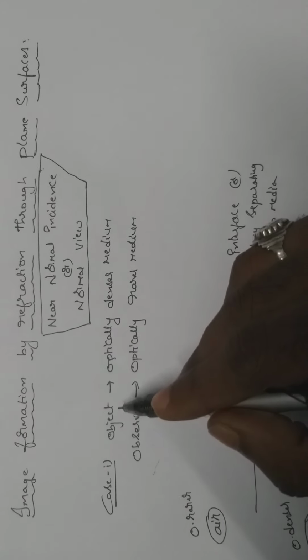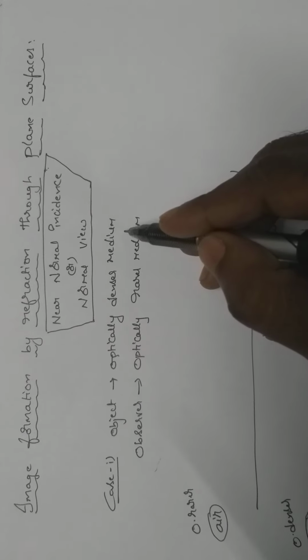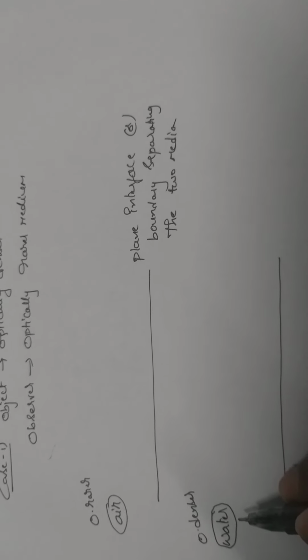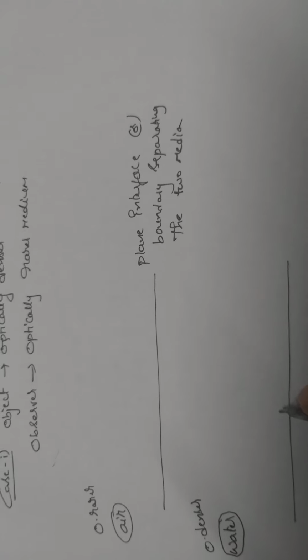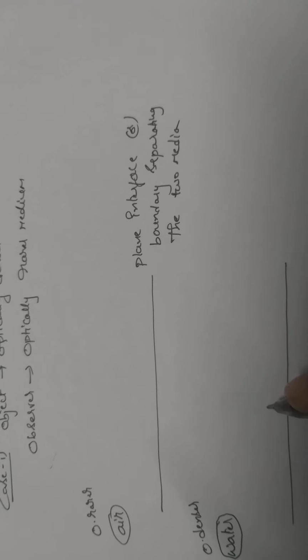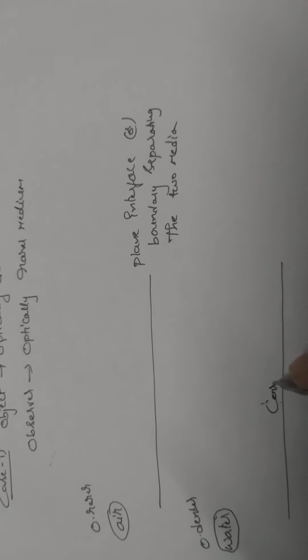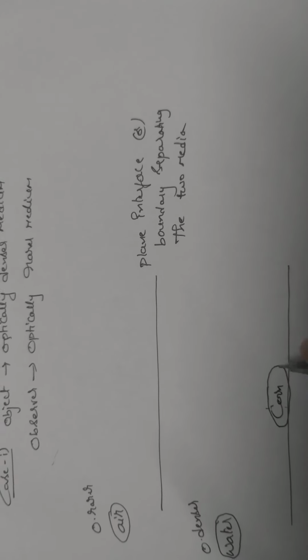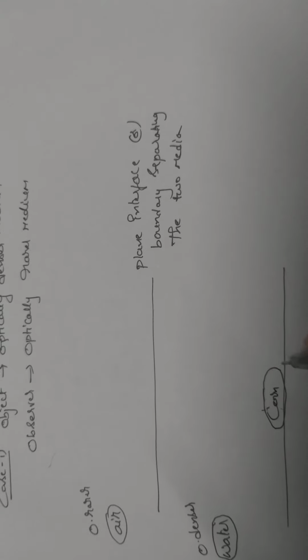In the first case we are taking the object in an optically denser medium, like water here. Let us suppose there is a coin placed at the bottom of the water, this is the bed of the water.